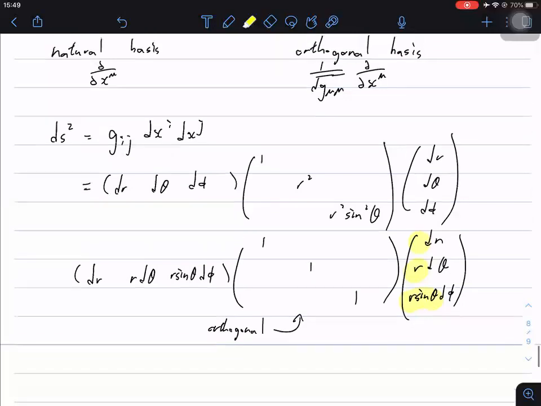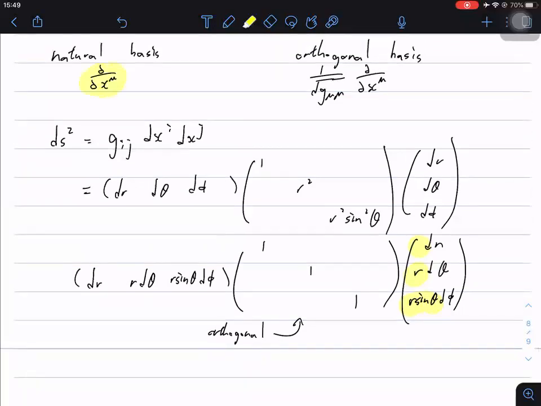Because the basis we choose in natural basis, or what we usually do, is just take the derivative of the coordinate itself. But in orthogonal basis, we have to normalize it by another prefactor. So instead of d theta, we have to use r d theta, which means that if we want to take the derivative with respect to theta, we have to add an extra 1 over r in front. So that's the complicated part in orthogonal basis.